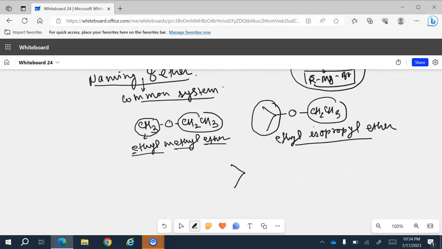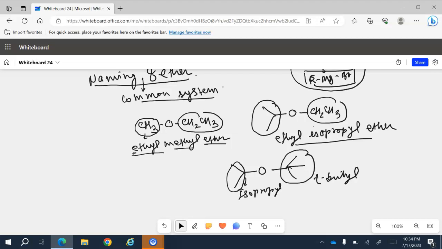Say for example, if you have this ether and you are asked to give the name, this group is called t-butyl, and this group is called isopropyl. So the name of this ether will be t-butyl isopropyl ether.